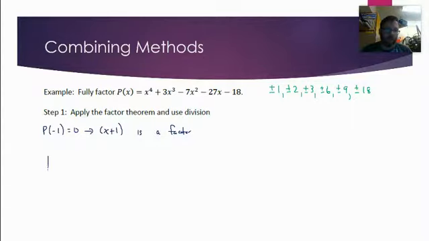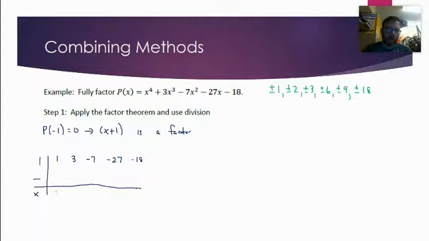Let's use synthetic division this time. So x plus 1 is a factor. I write down -1 and set up my prompts. Write down the leading coefficients, 1, 3, -7, -27, -18. And then I start applying synthetic division, this little algorithm.